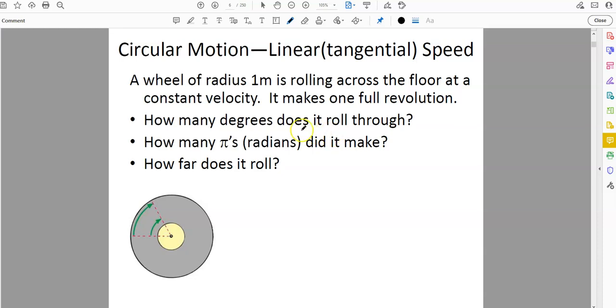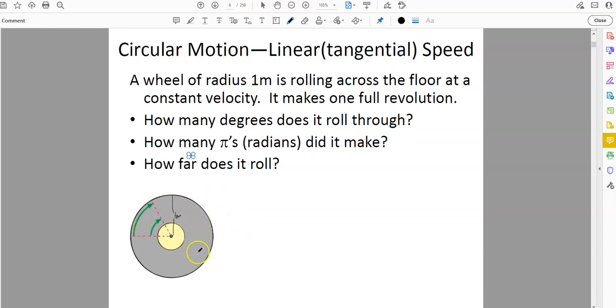All right, so we've got this wheel that's 1 meter in radius. So that means essentially that this little guy right here is going to be 1 meter in radius. I'm just drawing on the little wheel there, the radius. And it's going to make one full revolution as it's rolling.